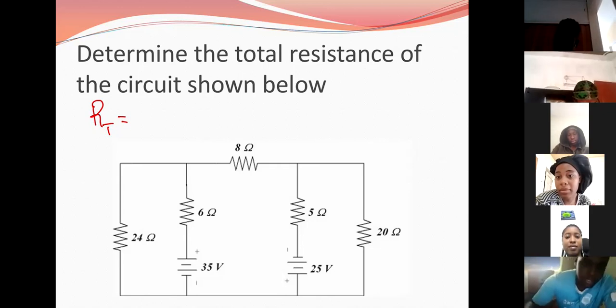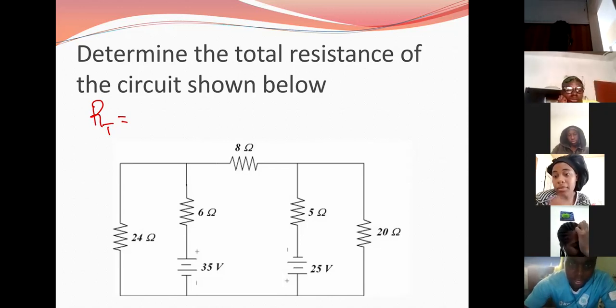Because the 24 is, all right, the 6 comes before the 8, so the 24 is not in parallel with the 8. How do you determine that? I don't know what you mean by before. You didn't say after, but how do you determine this before and after thing? Well, sir, you can see that the... How do I see it? Tell me what I'm seeing. I say that it is parallel. How do you know that?